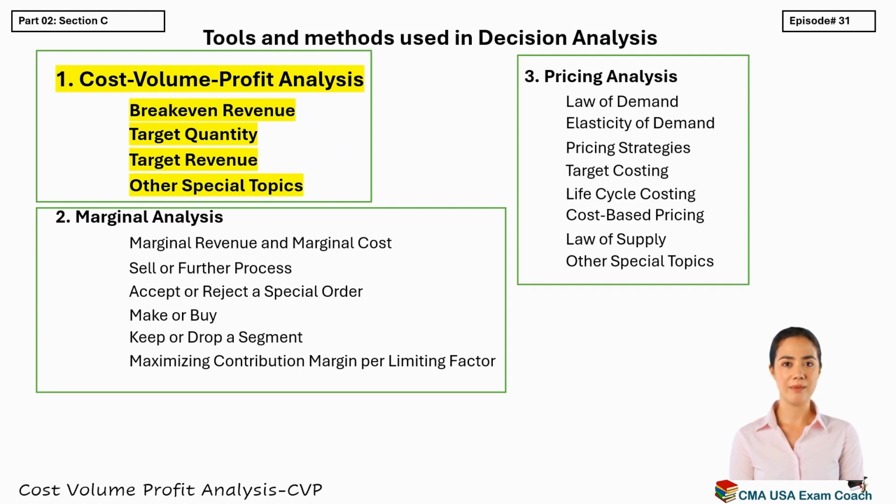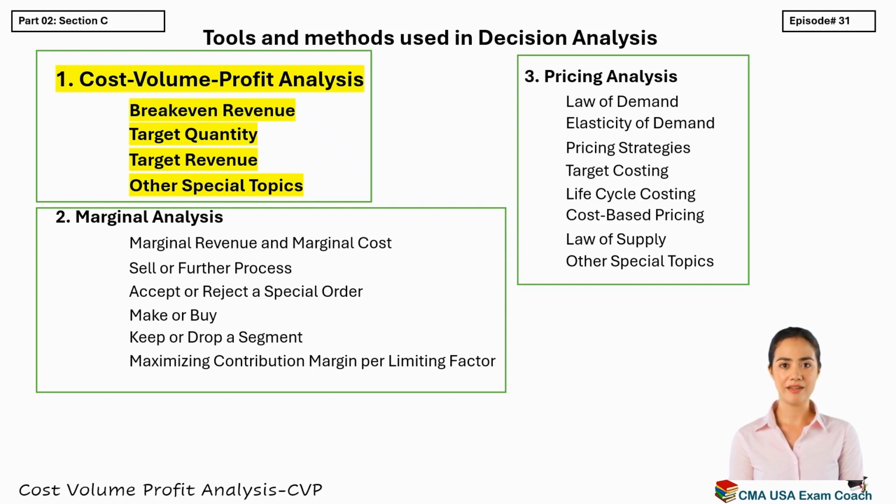These concepts help managers understand the impact of cost and volume on profitability, and support in planning, pricing, and risk analysis. Now that we've covered CVP thoroughly, in the next episode, we will begin with a new topic, marginal analysis. Marginal analysis is another core decision-making technique, used for evaluating additional costs and additional benefits while making short-term business decisions.